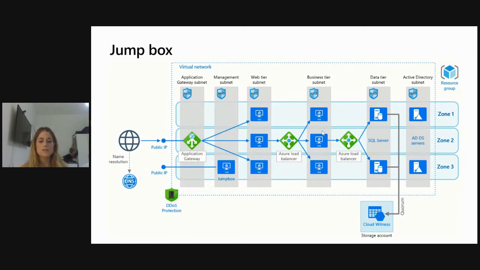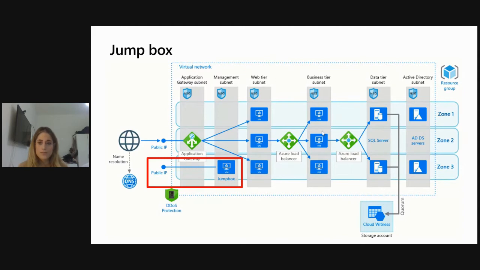This machine's single purpose is to authenticate us to other machines in other subnets. This machine will probably be attacked quite often, but after you authenticate and log in through it, you can authenticate yourself from that machine to other machines and other subnets.